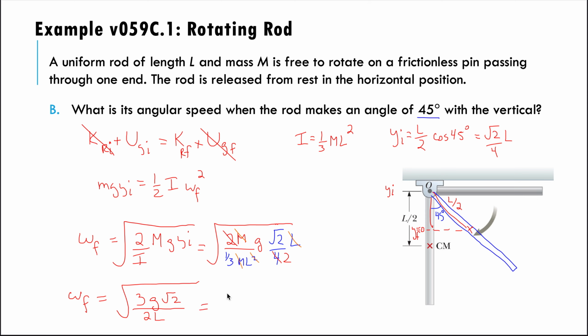If we just keep the 3g over L in the square root, so it's just like the previous part, and we take the square root of 2 over 2, it's going to give us 0.841. So we can see that when it makes a 45-degree angle, the angular speed is about 84% of its angular speed when it reaches that vertical position.